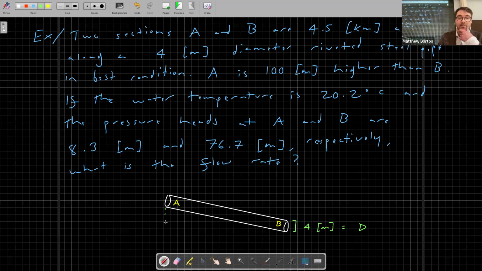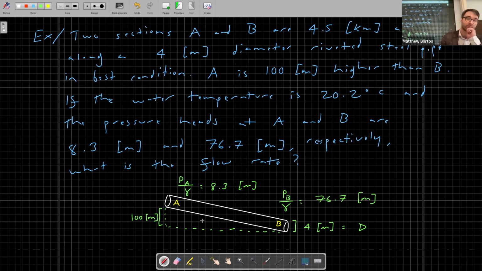We have that A is 100 meters higher than B, so the elevation change between A and B is 100 meters. We have that the measured pressure head at A, that's PA over gamma, is equal to 8.3 meters. And we have that the measured pressure head at B is 76.7 meters. So we have a decrease in the elevation, but an increase in the pressure head.